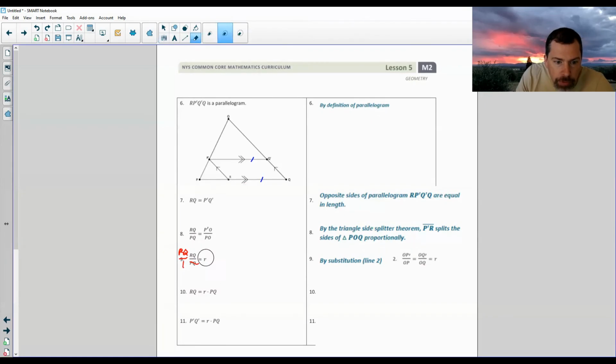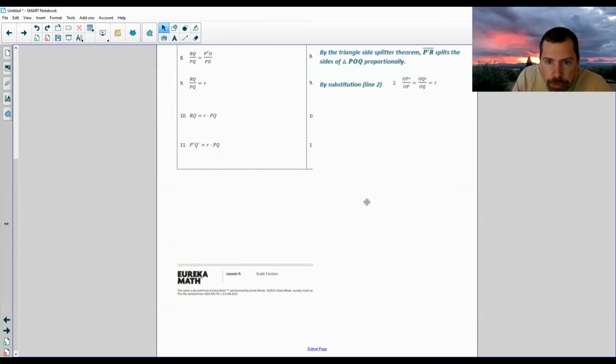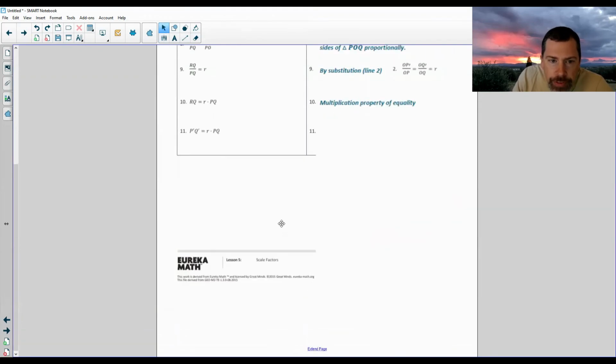Just a simple multiplication of an equation. So multiplication property of equality. There it is.